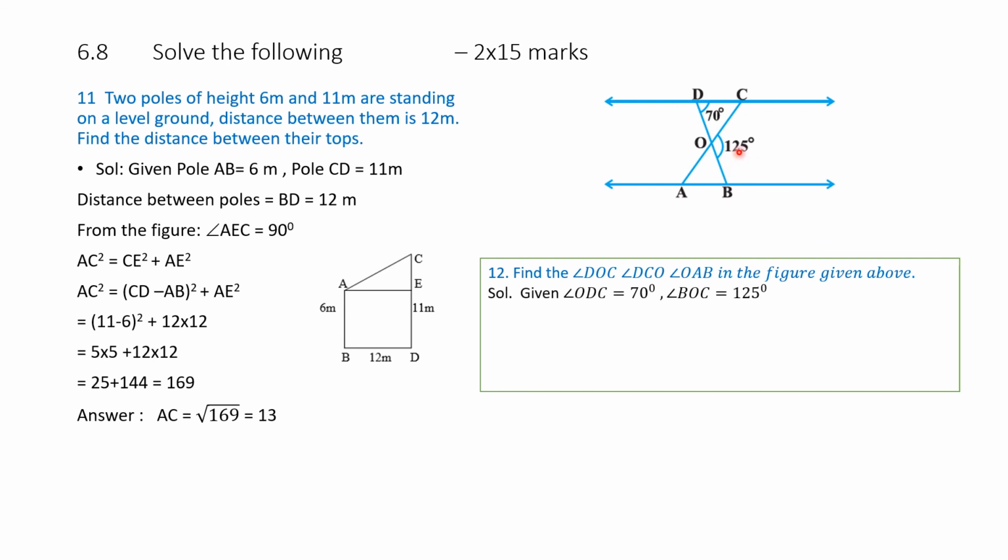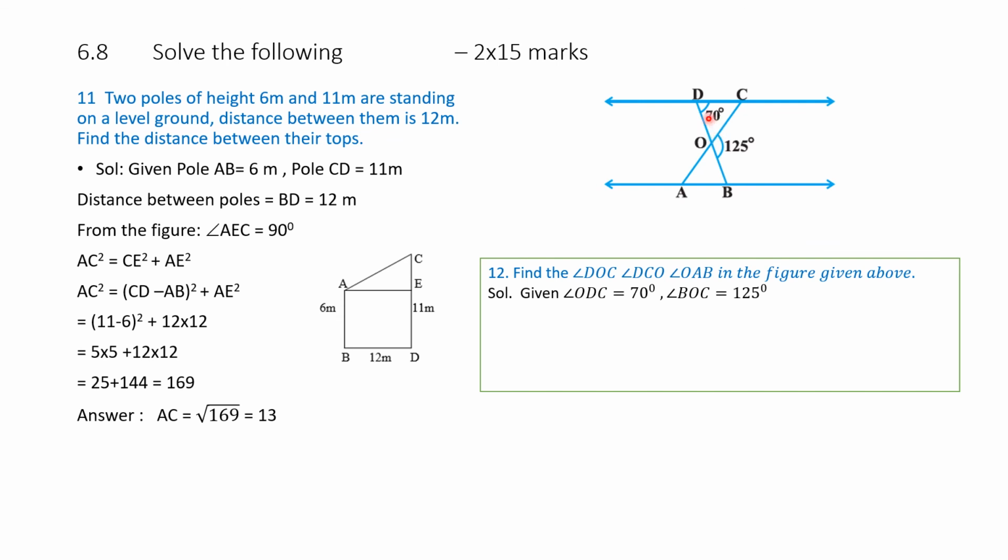Therefore, angle DOC is equal to, we know these are two parallel lines. DC and AB are parallel lines and this is an inclined line between the two. So here the total angle on this line will be equal to 180 degrees.